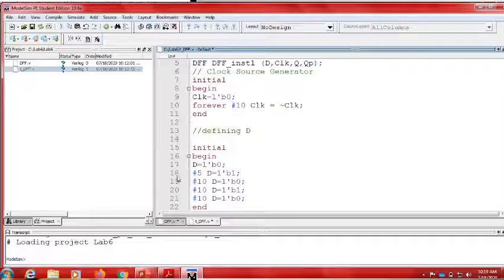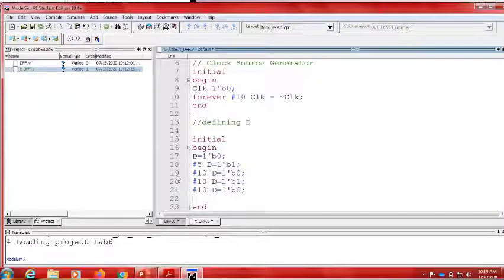Then after 5 more time delays, we are setting D equals 1'b1.